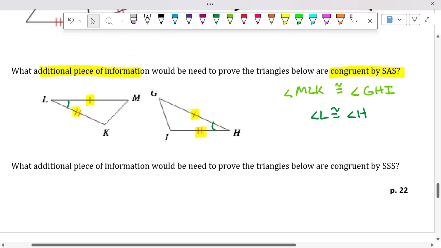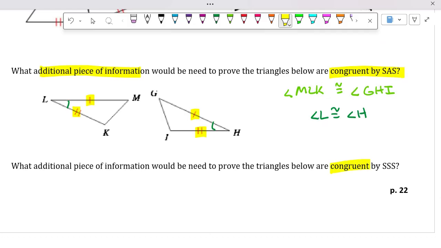Now, if we use those same triangles up top, what additional piece of information do we need for it to be congruent by side, side, side? Remember, we only originally marked the two sides. What do I need to show it's congruent by side, side, side? Which side specifically? MK and what?